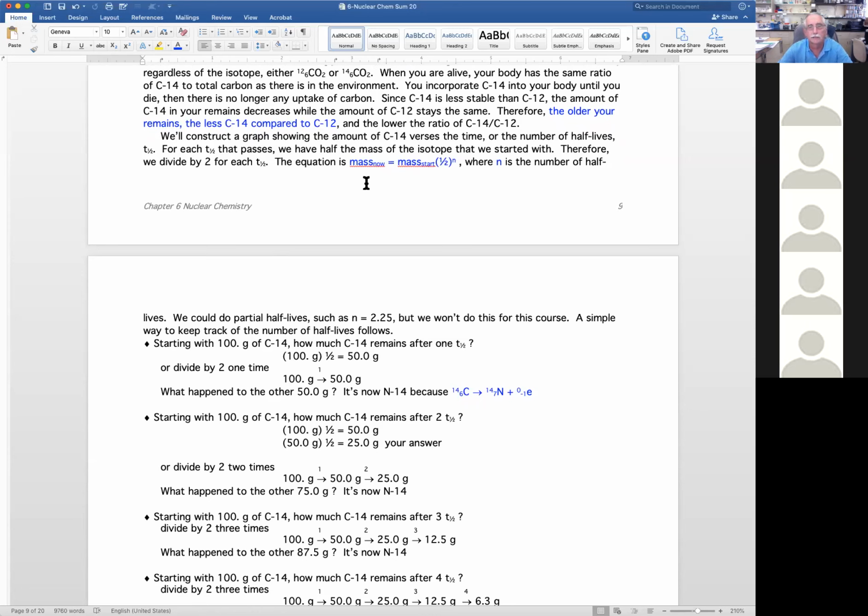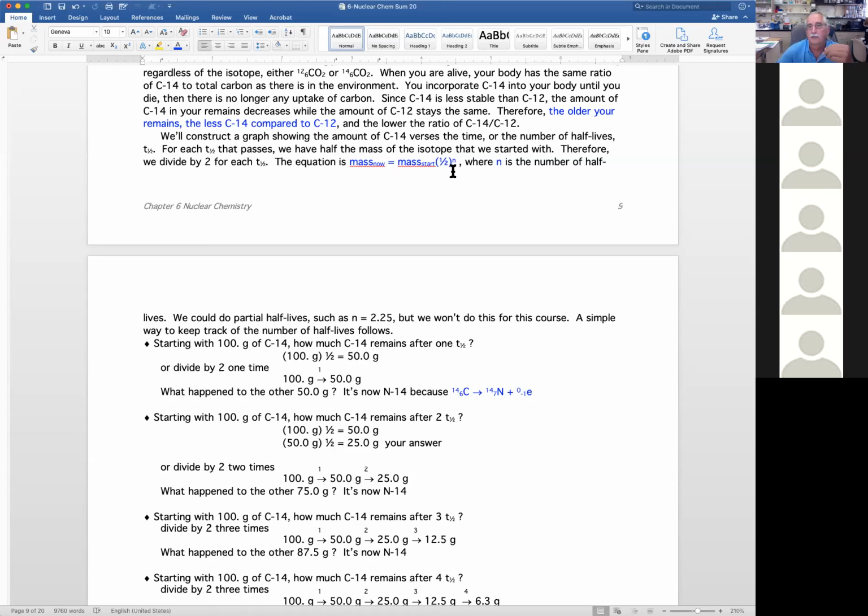So mathematically, here's what that means. The mass that we have now is equal to the mass that we started with times 1/2, which is the same thing as dividing by 2, right? But how many times do we divide by 2? Well, by the power of n. n is the number of half-lives.